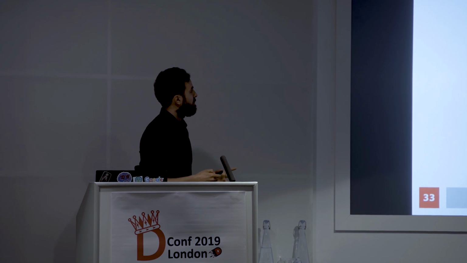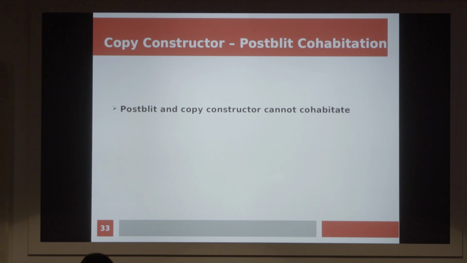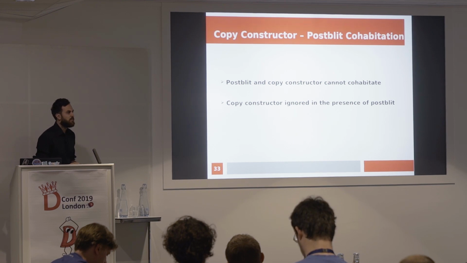Now that we've talked a bit about the post-blit, how can the post-blit and the copy constructor cohabitate? Well, the answer is that they cannot, because they do the same thing. So if you have them both, the compiler will not know which one to pick. But in order to assure a smooth transition from the post-blit to the copy constructor, the convention is that whenever you have a post-blit, all copy constructor definitions are discarded.